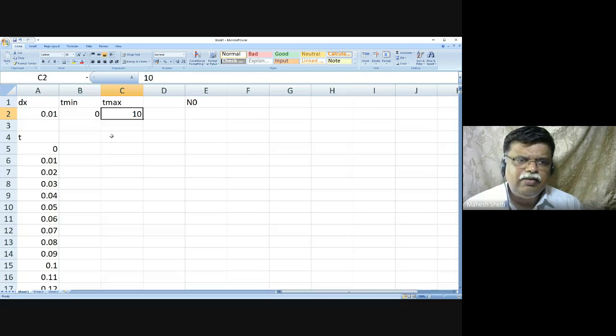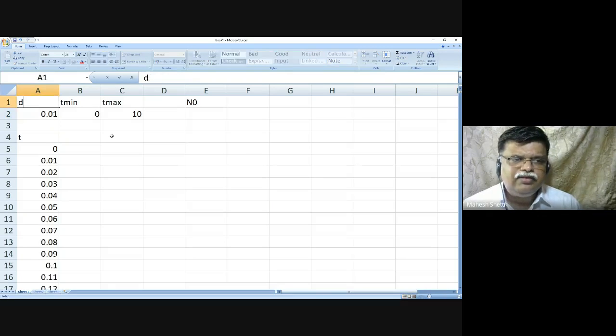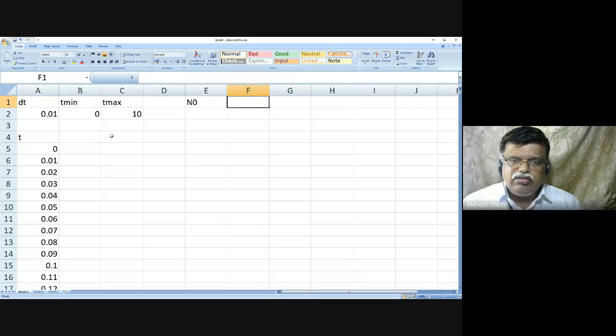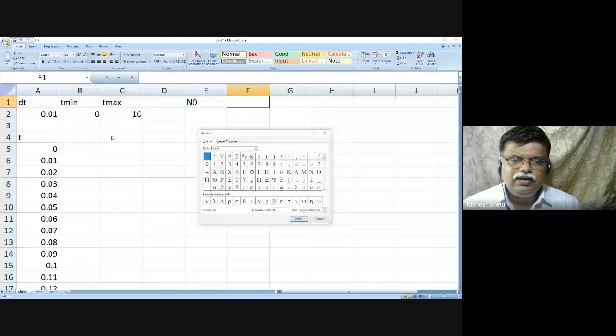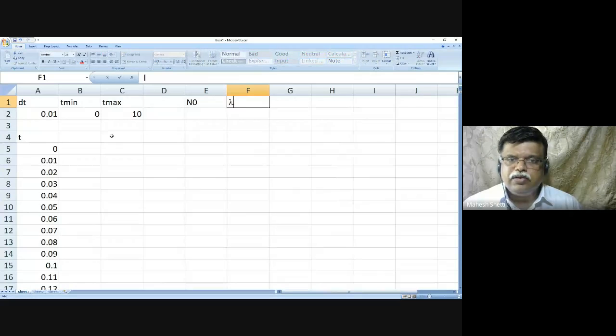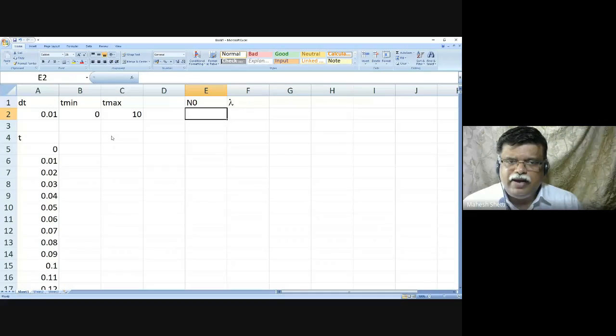I may start t minimum with 0, and this is going to be dt. So my x variable is nothing but the time variable. I also need the value of lambda. So I keep the value of lambda here.